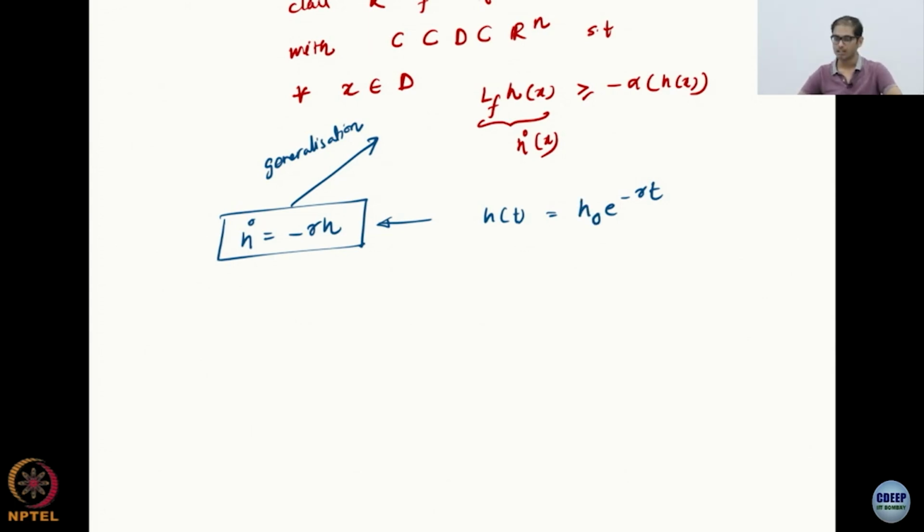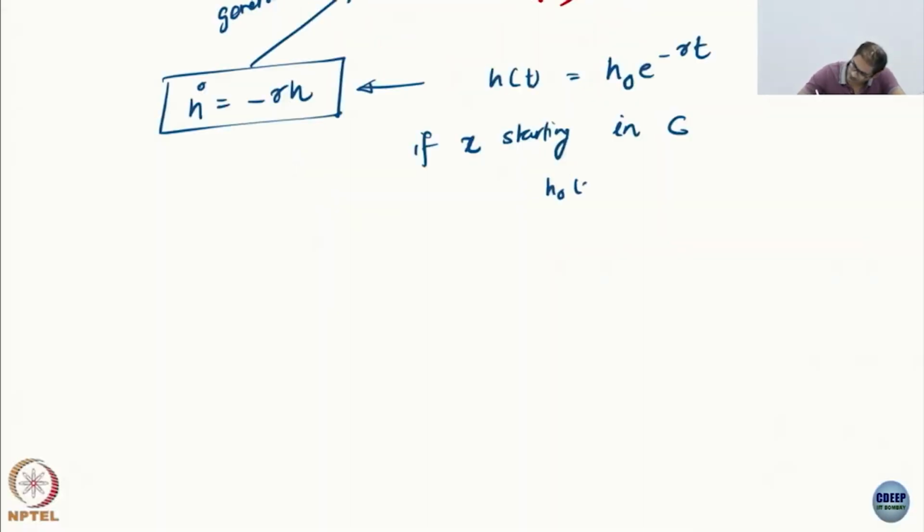Now suppose x starts in C, or I should be more precise, in the interior of C. Then what do I know? I know that h naught, which is defined as h at x0, is definitely greater than 0, because that's how I defined h.